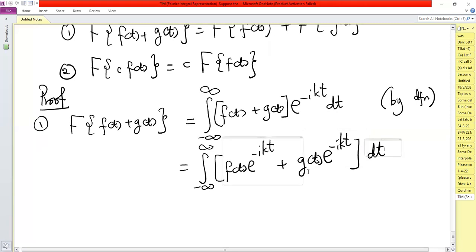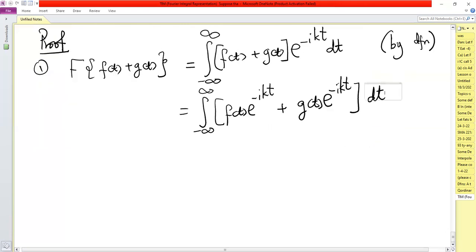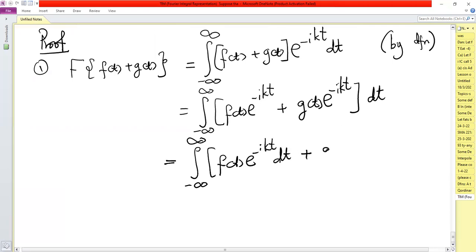We are doing that because functions obey the distributive property. And then next, distribute dt to each of these and the integral sign to each of them. So we'll have the integral from minus infinity to positive infinity, I can first write f of t e raised to the power negative i k t dt plus g of t e raised to the power negative i k t dt.